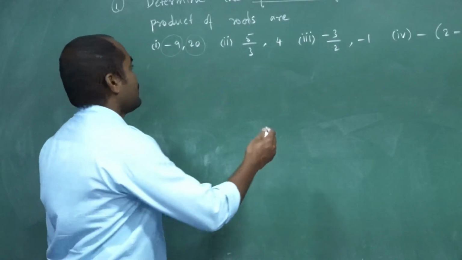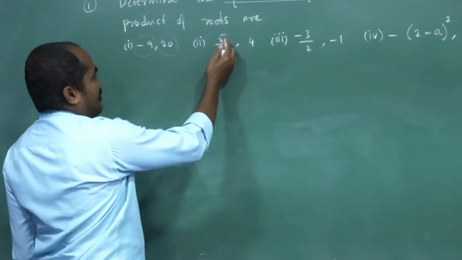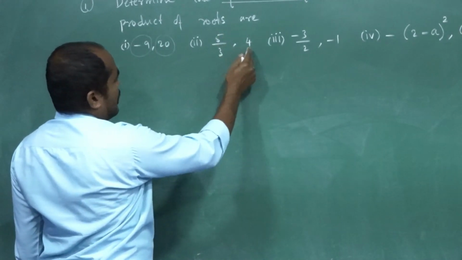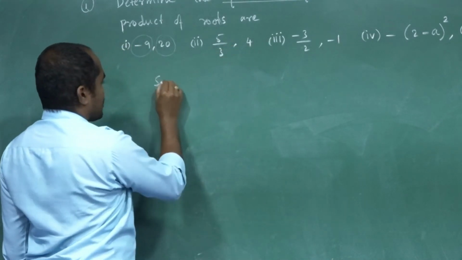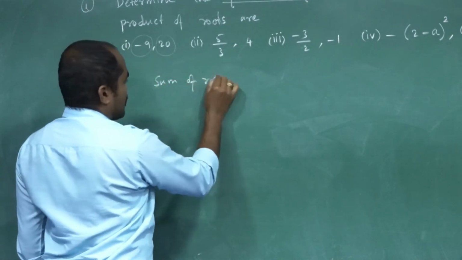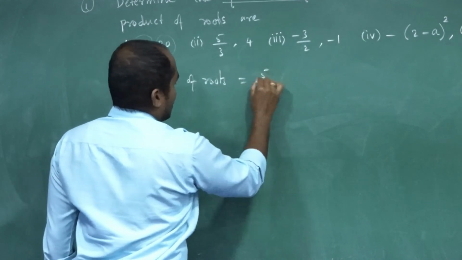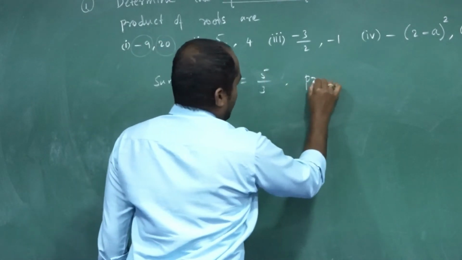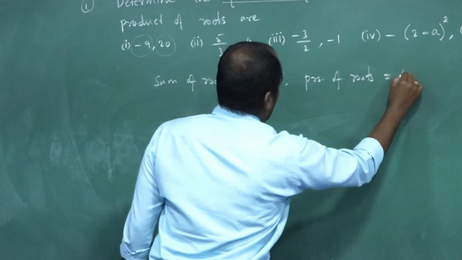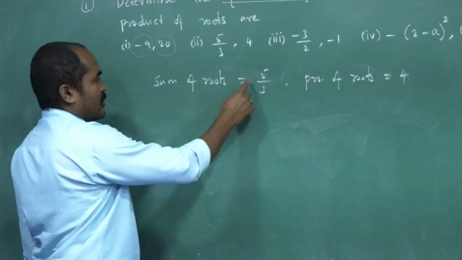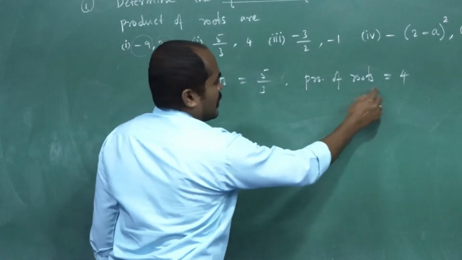Second one: the sum of roots is 5 by 3 and the product of roots is 4.